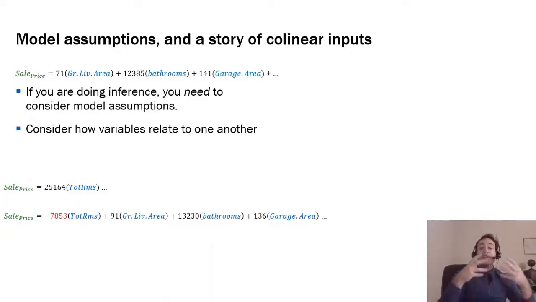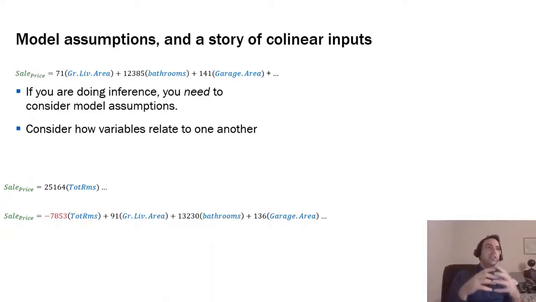So I mentioned the assumptions at the beginning, that you have the factors that are impacting sale price. This is an example of what's called omitted variable bias in your model. Those are potential things that could be causing this, but I don't want to go too far into that. What I want to note is that when you have variables that are highly related to each other, like in this context, all of these are going to be highly correlated with each other. They're all going to associate with just bigger homes across all dimensions.